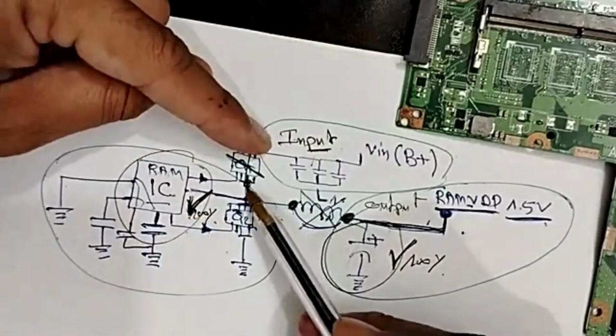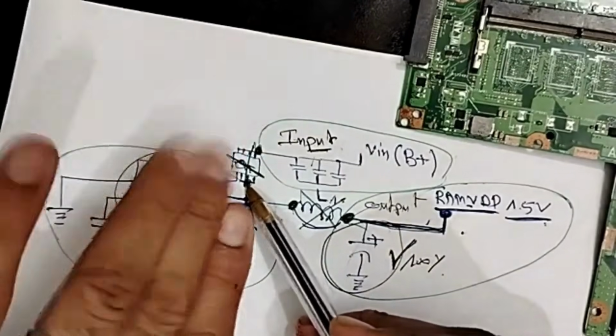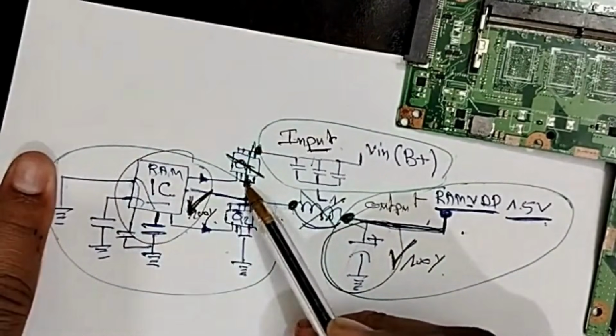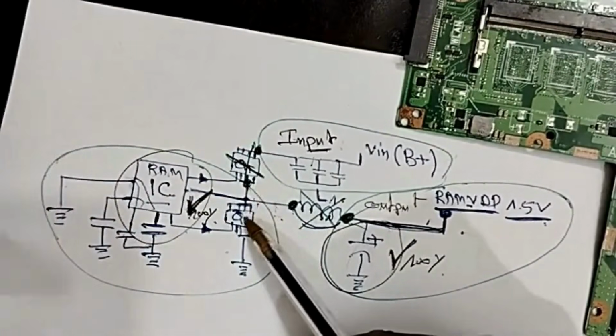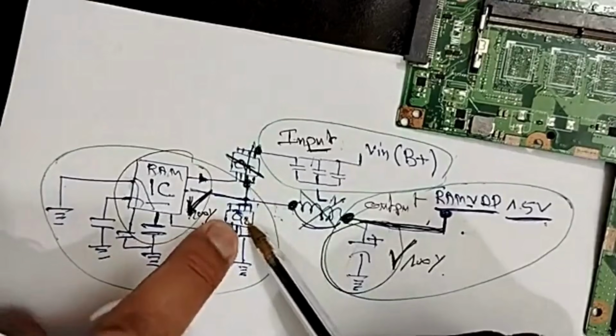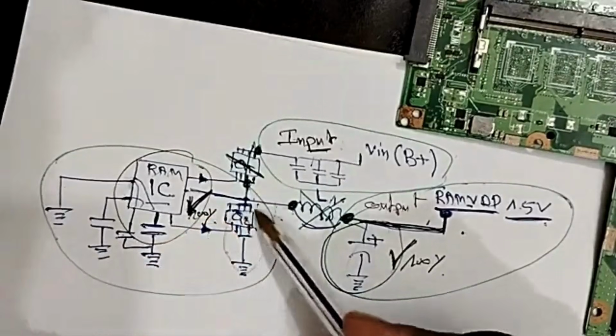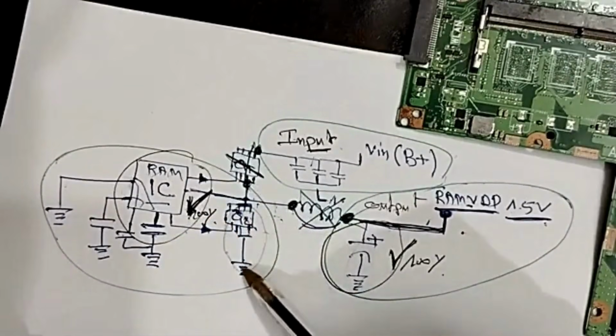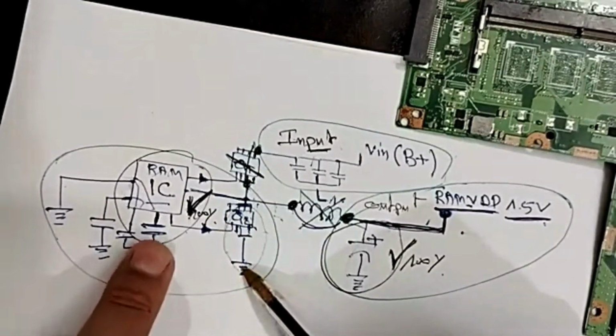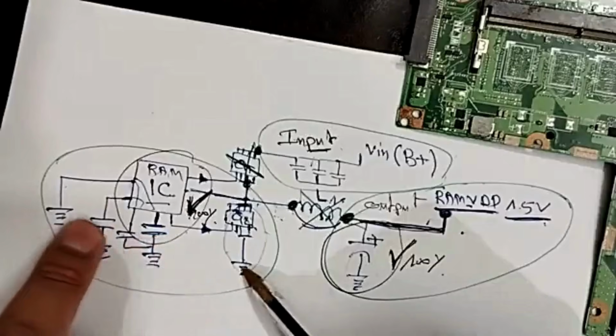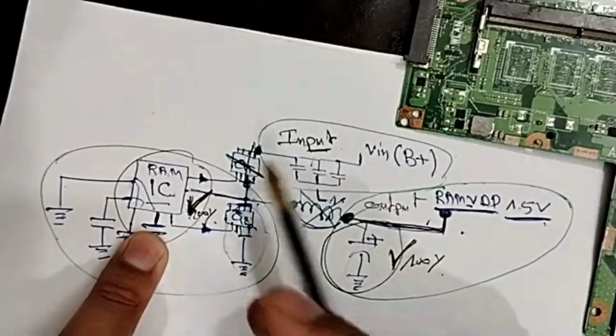If you find that the short is in this point, it means you have a short here. 100% the short could be this one, the MOSFET, the probable one. Why? Because it is connected to ground, or these ceramic capacitors, these three, or the IC, meaning here.